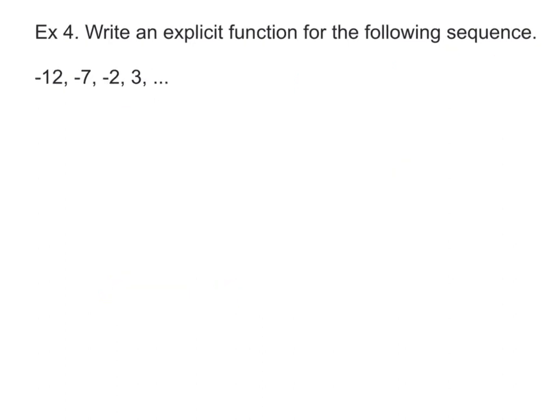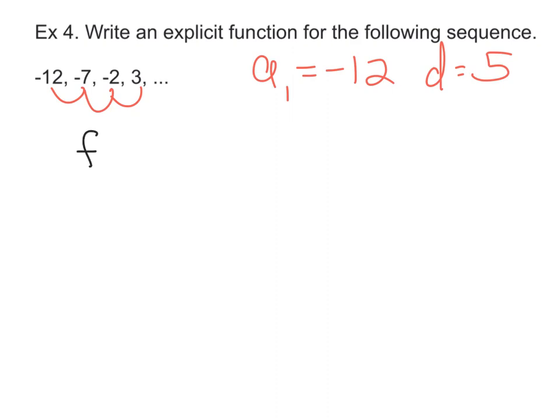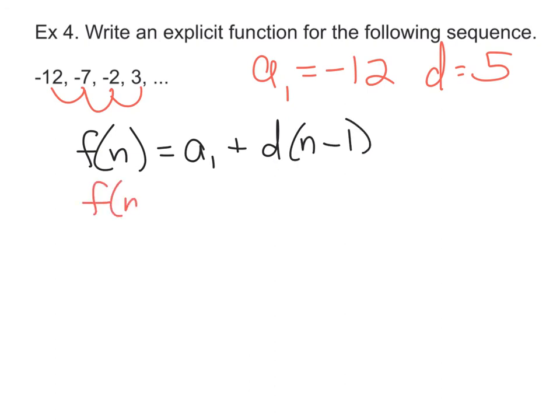All right, and example 4 said write an explicit function for the following sequence: -12, -7, -2, and 3. So again, I've determined right away these are being added. So I have my a sub 1 term is equal to -12. My d, because it's being added, is a positive 5 because I'm adding 5 each time. So I choose that formula, which is a sub 1 plus d times n minus 1, and I start plugging in what I know.